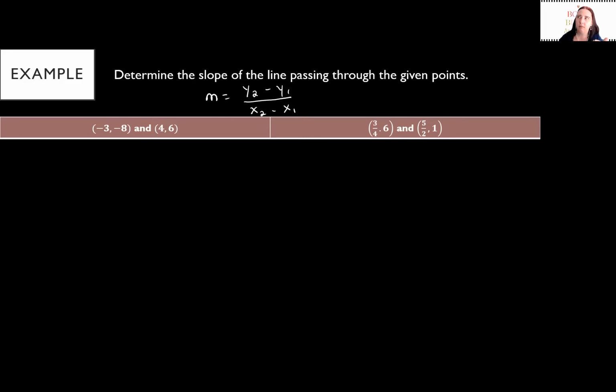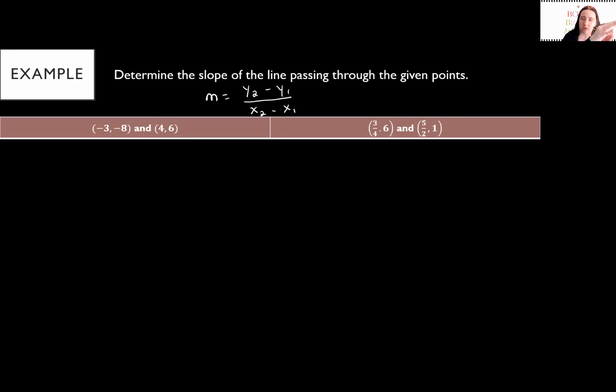When you're trying to remember whether your x is horizontal and your y is vertical, I was told y is up, y is vertical. And then if you're looking at the fraction, up is the top of the fraction. So y is on the top of the fraction.